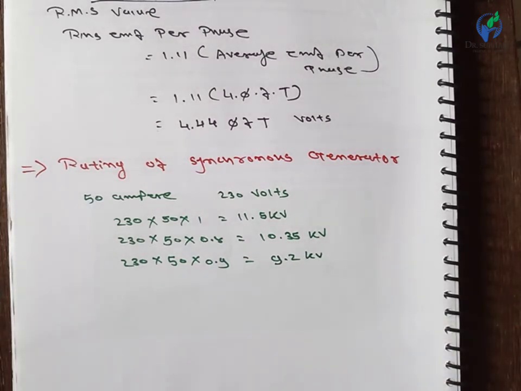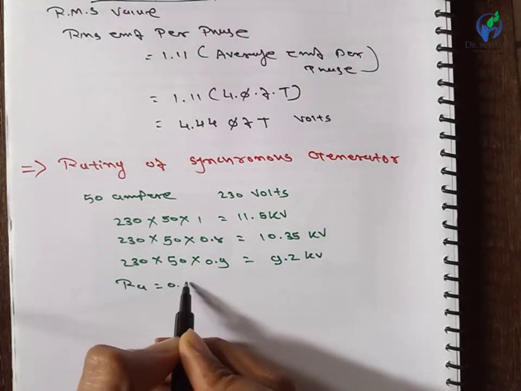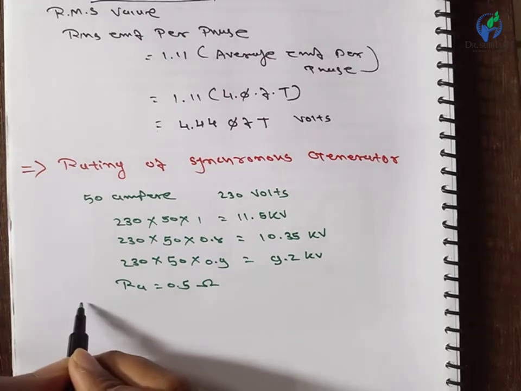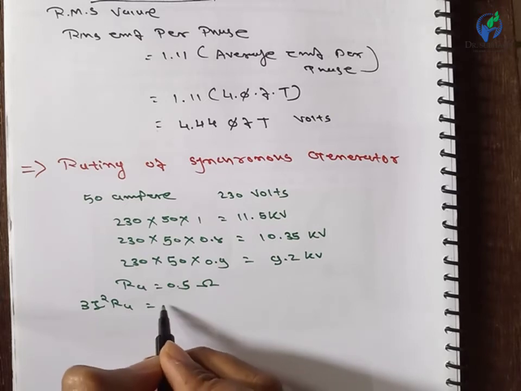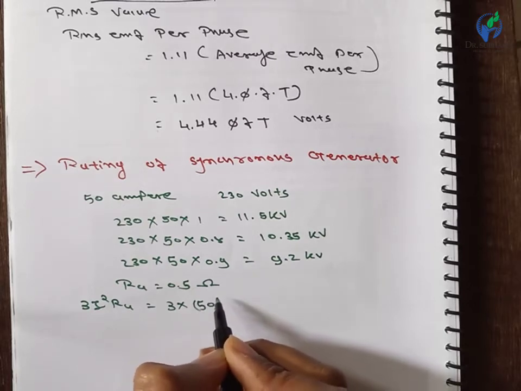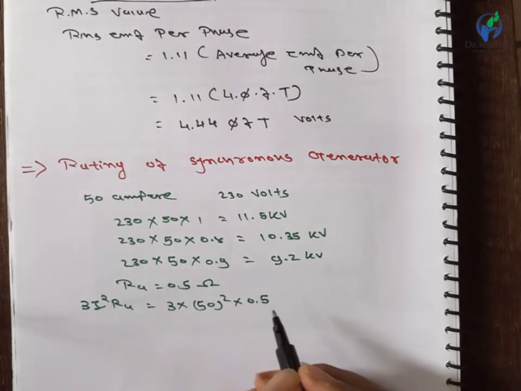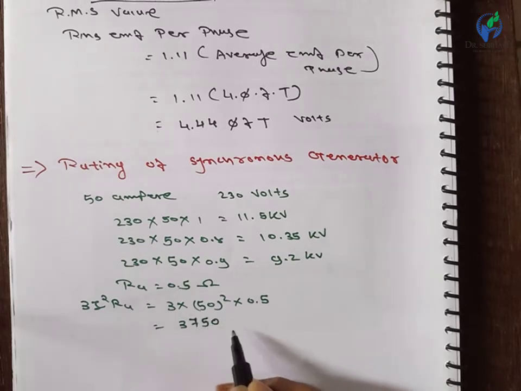Suppose the armature resistance Ra is equal to 0.5 ohm. Then the copper losses in each case will be 3I square R, equal to 3 cross 50 square into 0.5, which is 3750 watt.